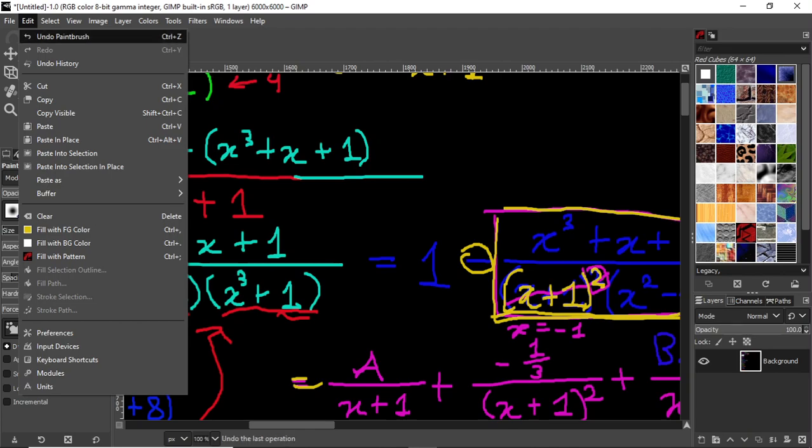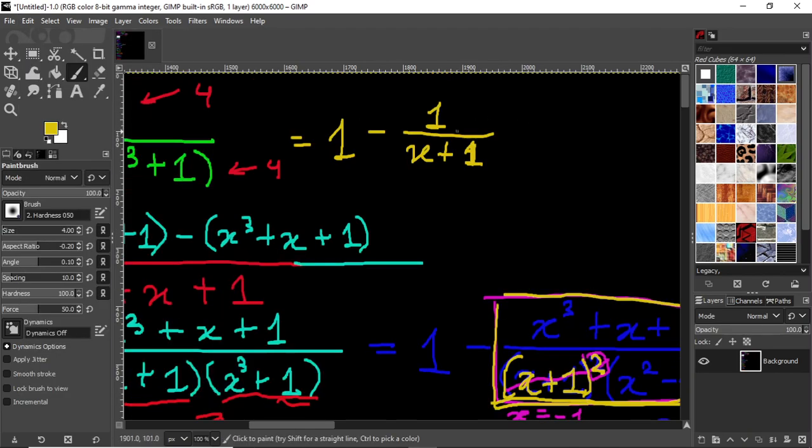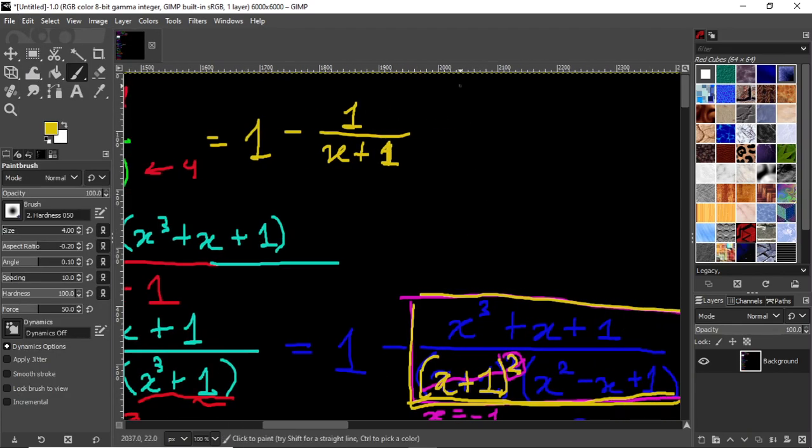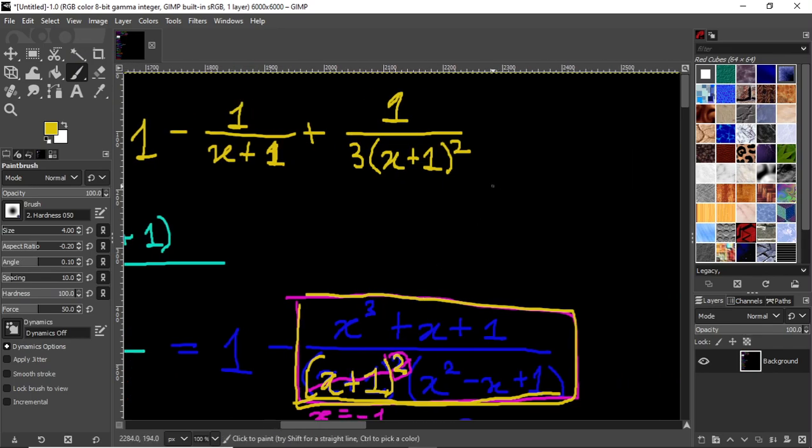Do not forget that. So this is again 1 over 3 divided by x plus 1 squared, and we have negative 1 over 3 times x squared minus x plus 1.